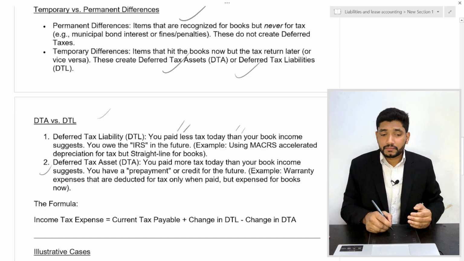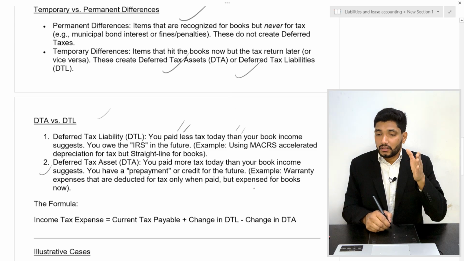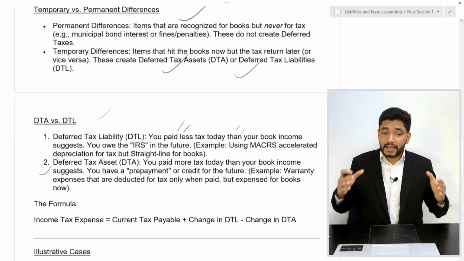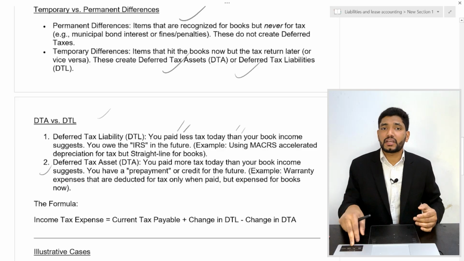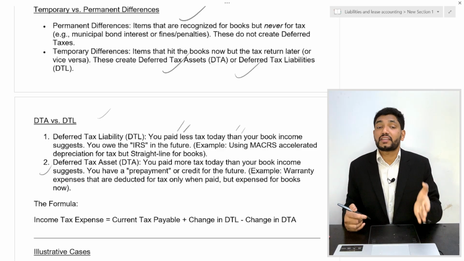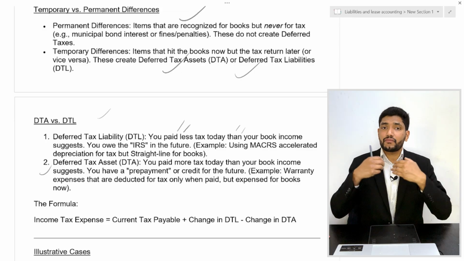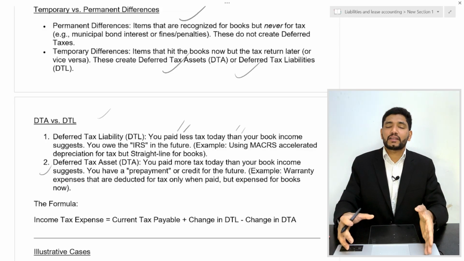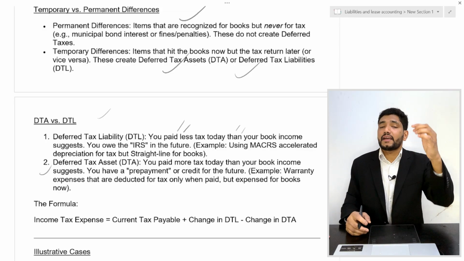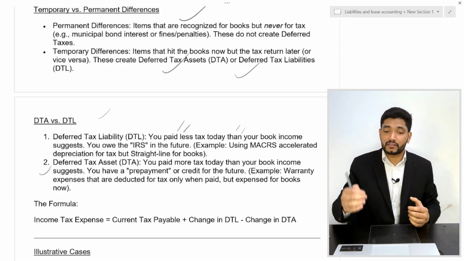At the same time, suppose you recorded a warranty liability, warranty expenses. When it comes to tax reporting, in some cases it has to be deducted only when it is paid, but as per your financial reporting you have already accrued that expense. So, there will be a difference in warranty expense in this case.